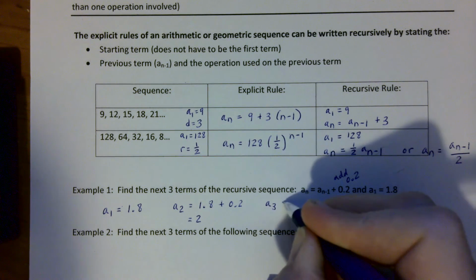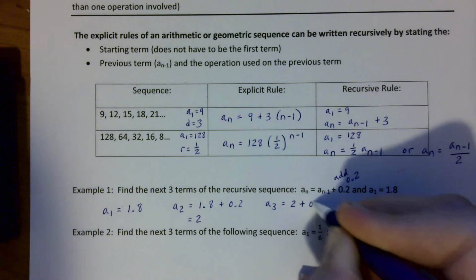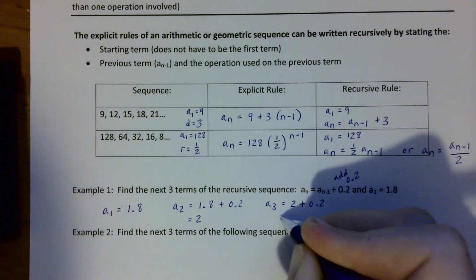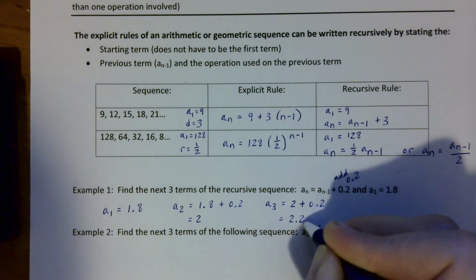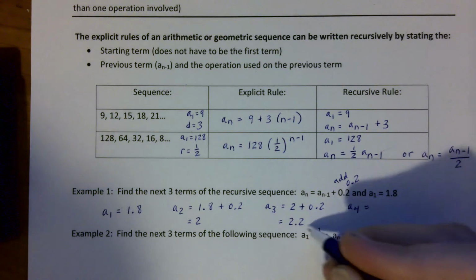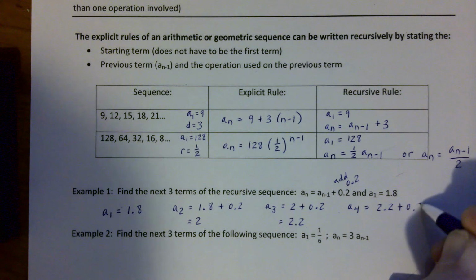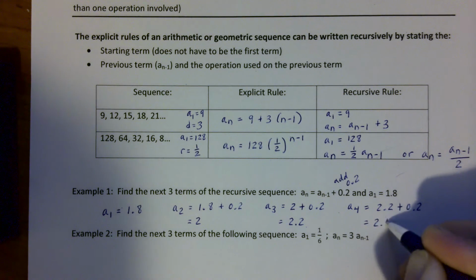My third term is going to be my previous term, and my pattern is I'm adding 0.2, so I get 2 2/10. And my next term, I take my previous term, 2.2, and I add 0.2, and that's 2.4.